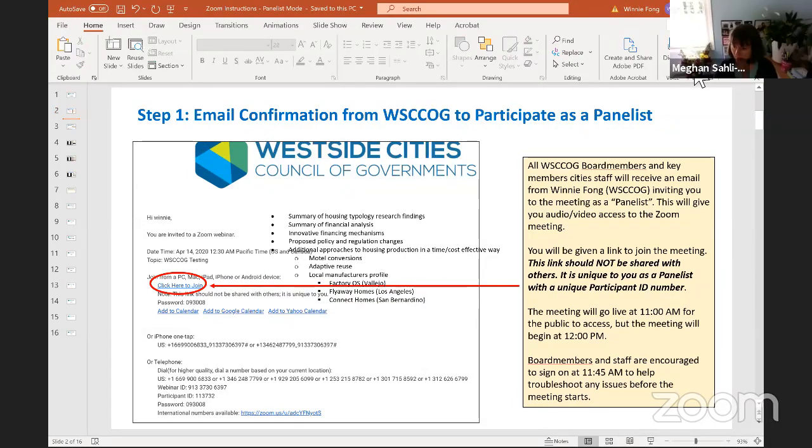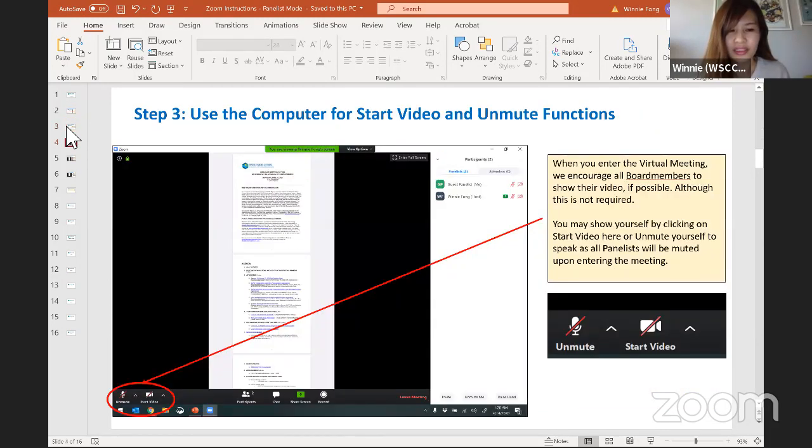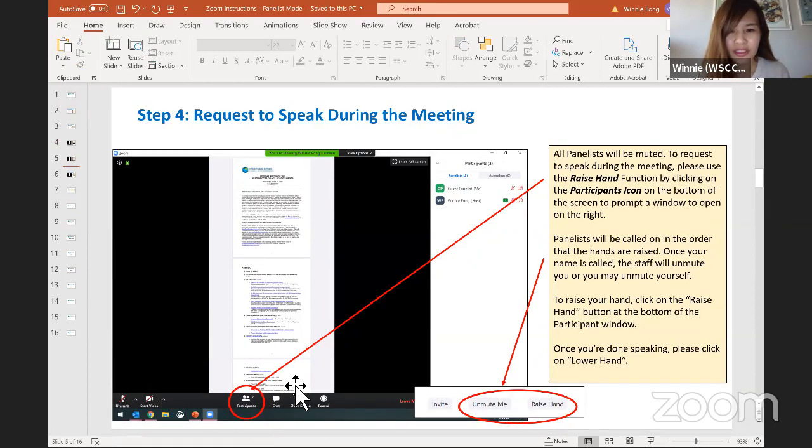Yeah. So I'm hoping this looks like your screen, but basically you can unmute on the lower left-hand side, or not show your video, or if you open up the participant icon here, it'll open the participant window where you can unmute yourself on the lower right-hand corner and raise your hand.